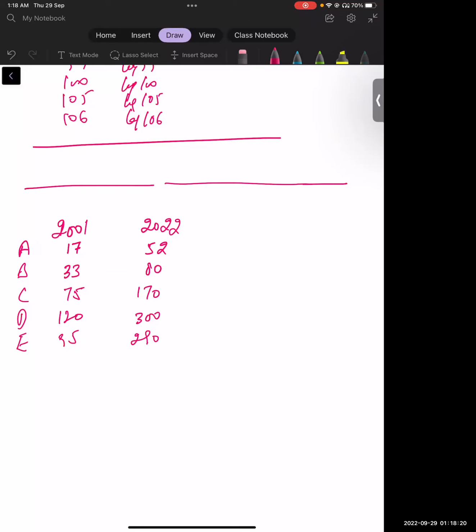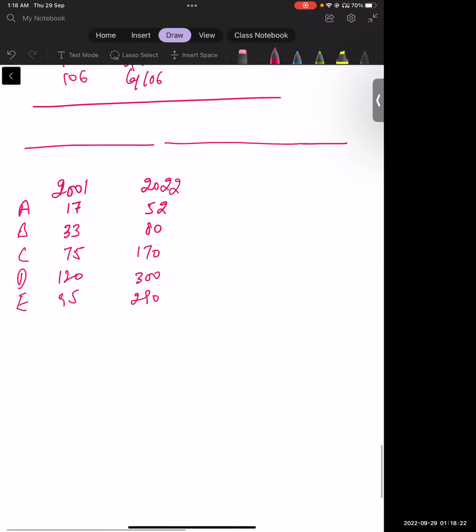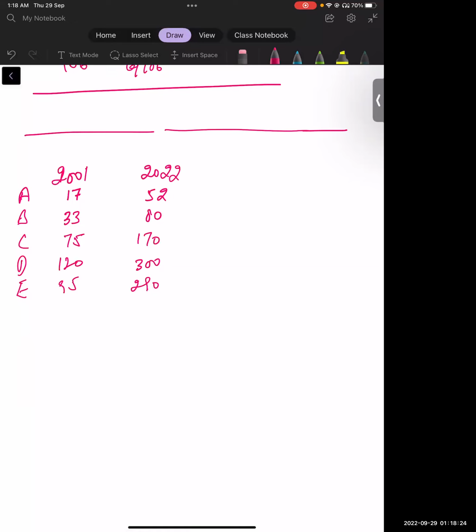Let us see in the simplest form, like a child of 6th or 7th class. If the price was 17, now it has come to 52. If the price was 1, what should be the price? 52 by 17, am I right?